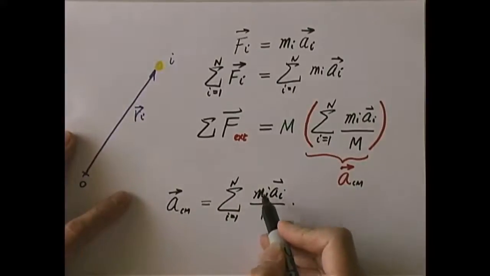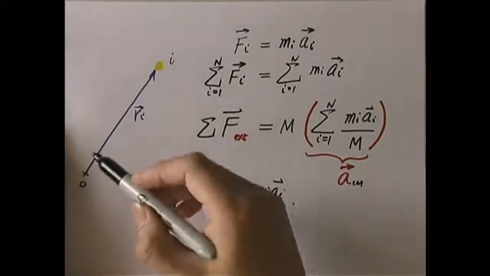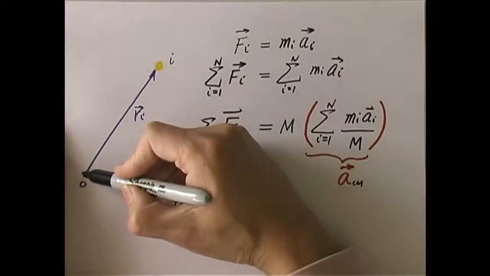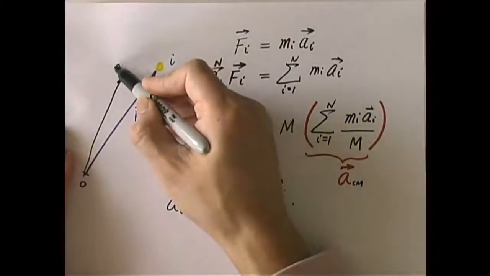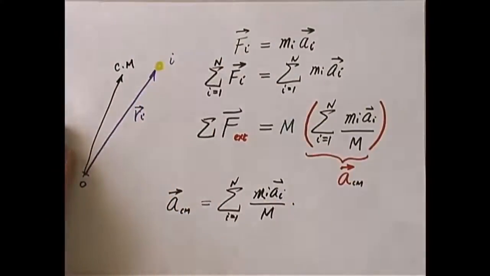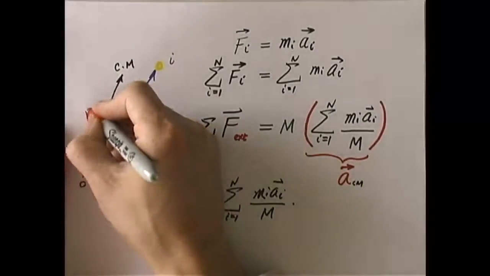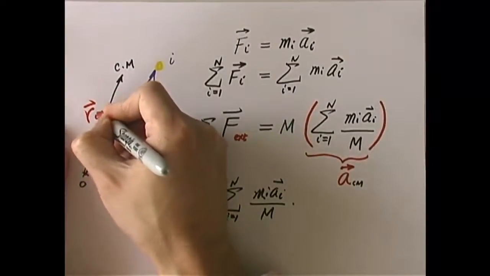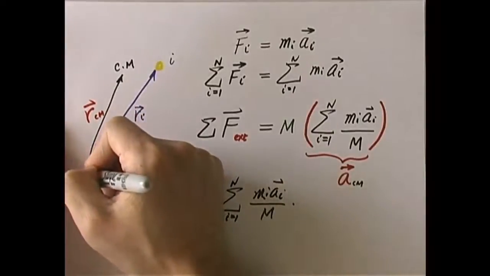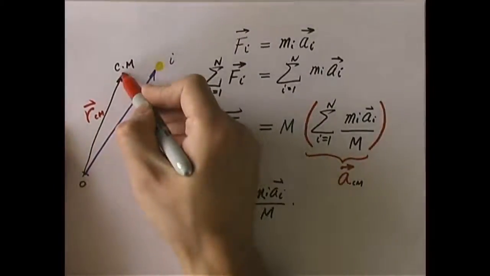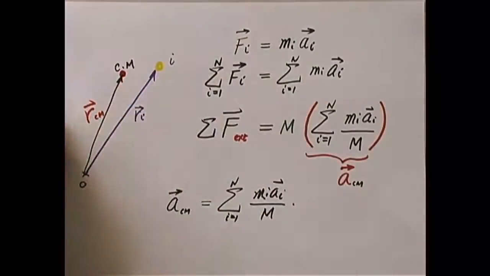That displacement vector would start from the origin and point at a special point called the center of mass. It's not just any other point, but a special, one and only special point, the center of mass. This would be the so-called R_CM, the position vector from the origin to the center of mass, which is right here. We call it R_CM.